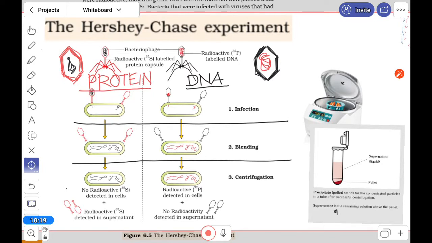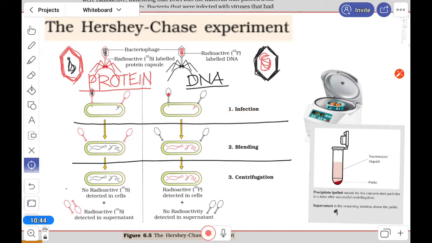We have to watch what exactly is the material that passes into the bacteria so that new phage virus will develop. Here the protein is labeled, and here the DNA is labeled. So we gave the infection.